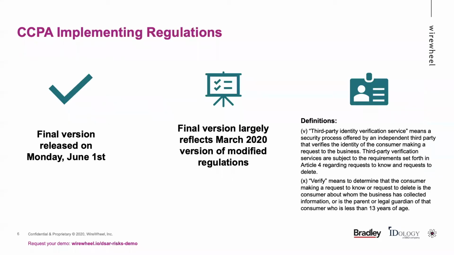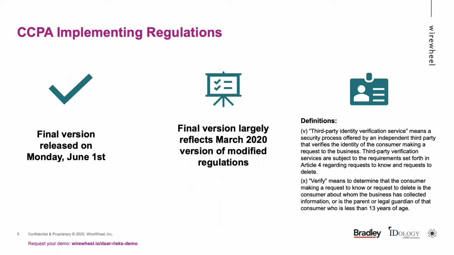In addition to the statute itself, there are also implementing regulations. The statute requires that the California Attorney General adopt regulations that establish rules, procedures, and exceptions to facilitate compliance with CCPA. The final version of those regulations was released just less than a week ago, on June 1st.